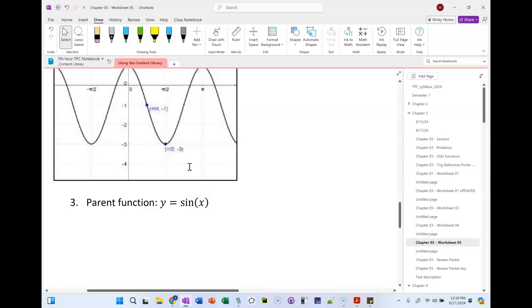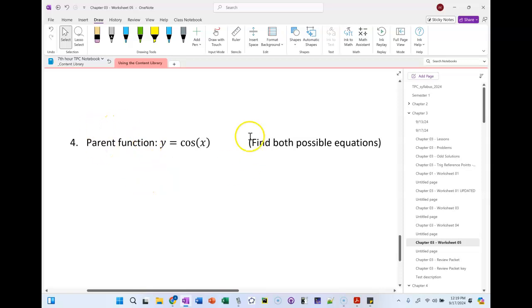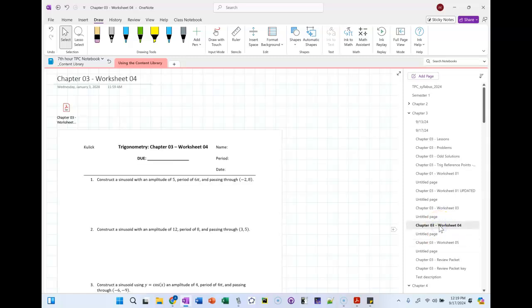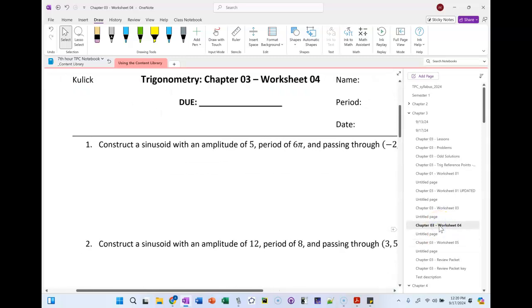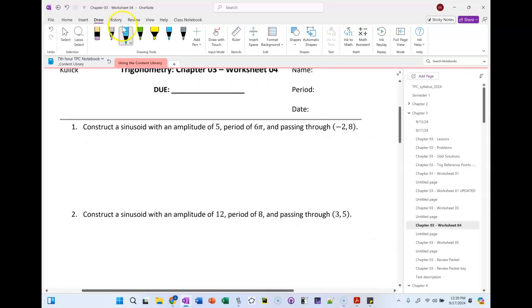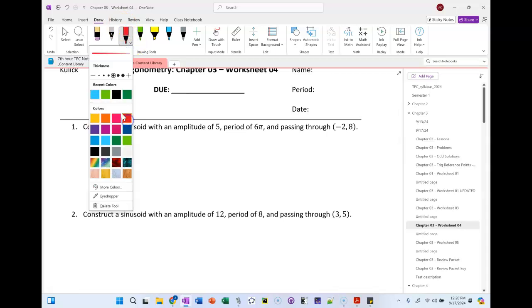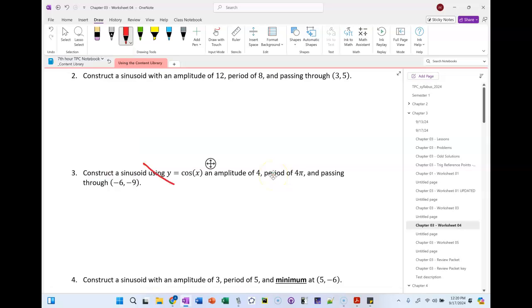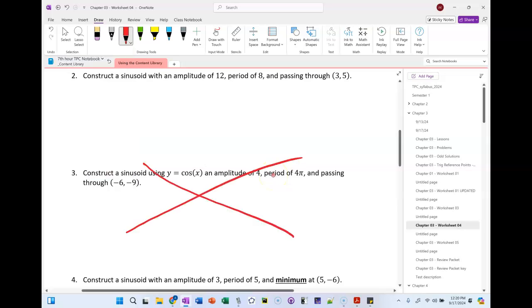So it's just 1 through 3? It's 4 because you have to do it for sine and cosine. And then worksheet 4 are descriptions, just like we saw in the most recent 2 examples. On worksheet 4, though, I do not want you to do number 3.